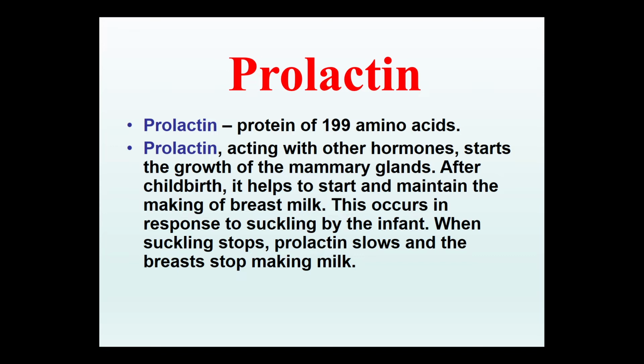The increasing blood concentration of estrogen during late pregnancy appears responsible for the elevated level of prolactin that is necessary to prepare the mammary gland for lactation at the end of gestation. After childbirth, it helps to start and maintain the making of breast milk.